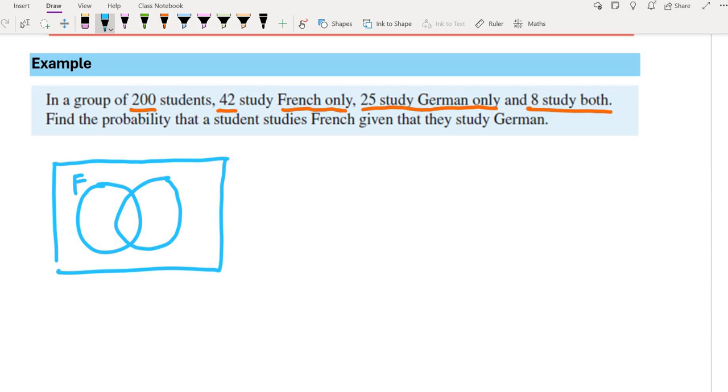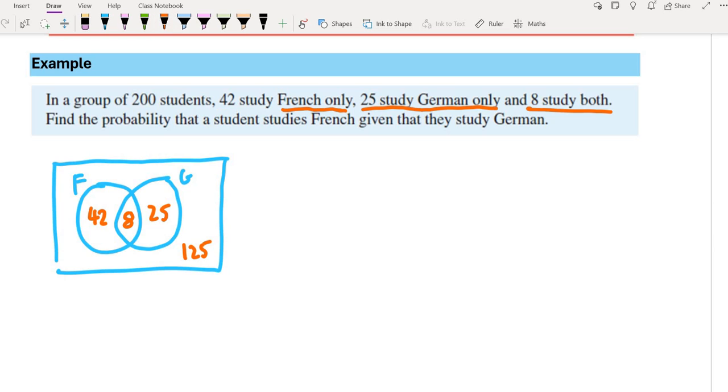You're just drawing a couple of circles and then putting the information in. So we've got 42 doing French only, 25 doing German only, and 8 doing both. Whatever is left, out of 200 students, will be going to the outside space. So this is what we have.